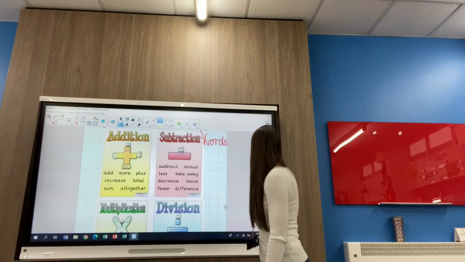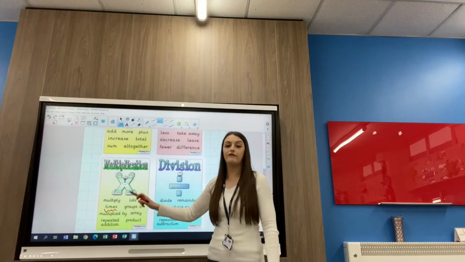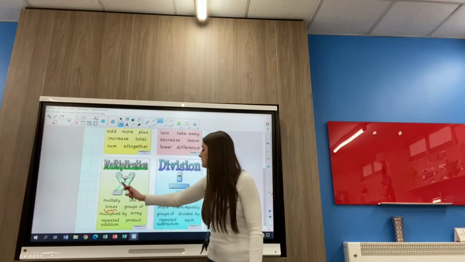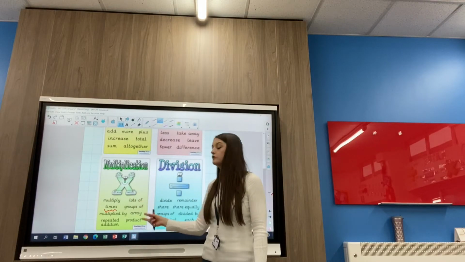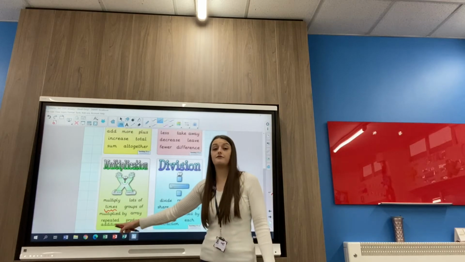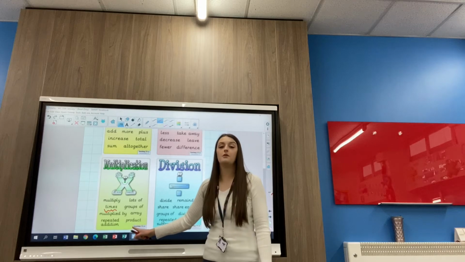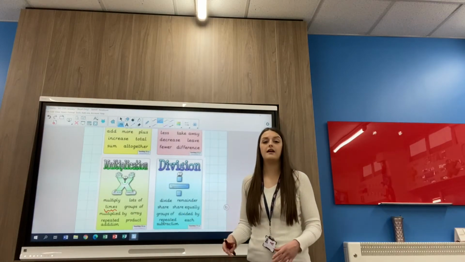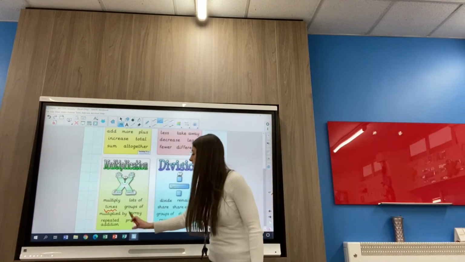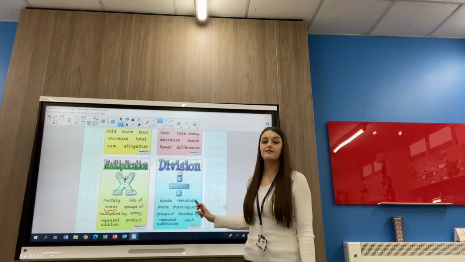Now moving on to multiplication and division, we know these two operations are the inverse of each other. Because when we multiply, we're doing lots of and groups of. It's repeated addition, which we've done a lot of recently. If we're finding the product of two numbers, that means we need to multiply them. The opposite to that is division.